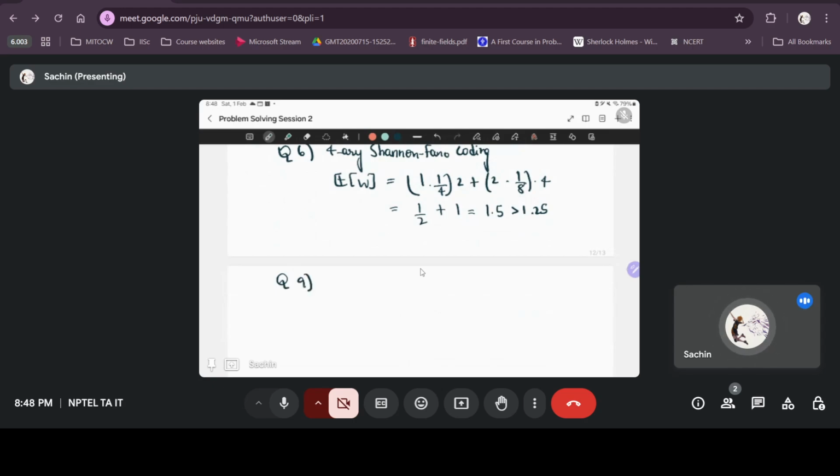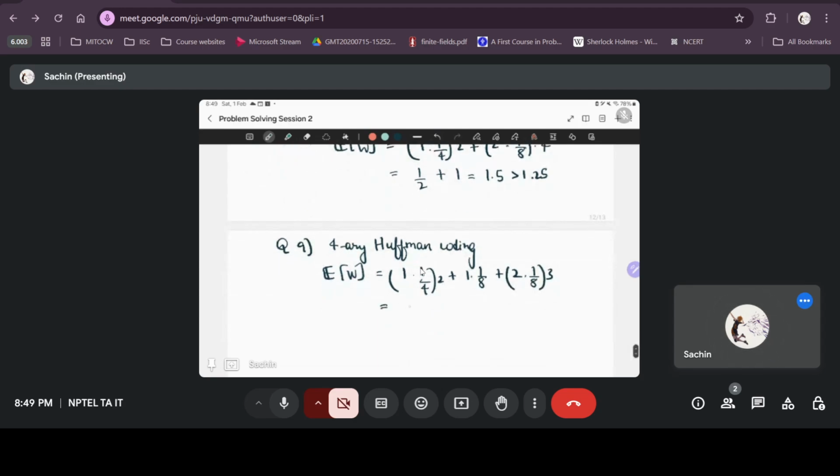And from question 9, we saw for the Huffman code that it gave you the average code word length of one symbol for the first two code words of probability 1 over 4, one symbol for one of the messages with probability 1/8, and two symbols for the rest of the messages with probability 1/8, which was 1.375, which is again greater than the lower bound.